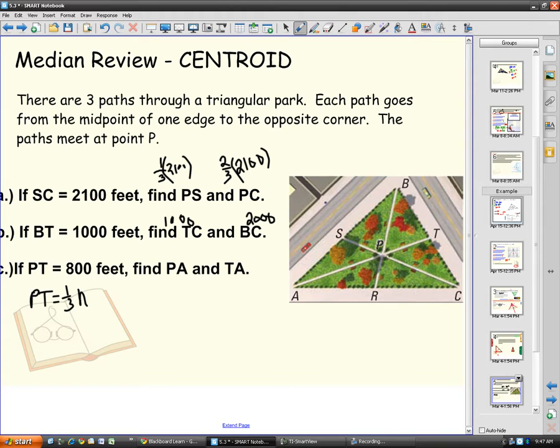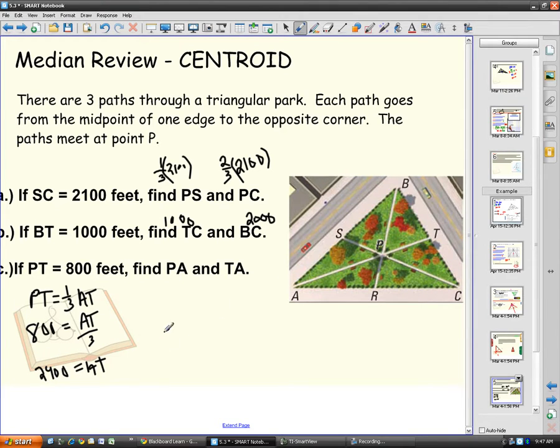If I multiply this by 3, 2,400 equals AT, which is the length of the whole line. And then if I do 2/3 of that, or subtract 800 from 2,400, that'll give me AP. So AP is going to be 2,400 minus 800, which is 1,600.